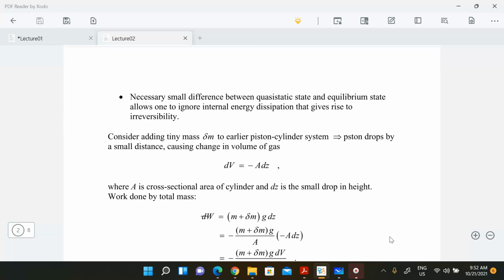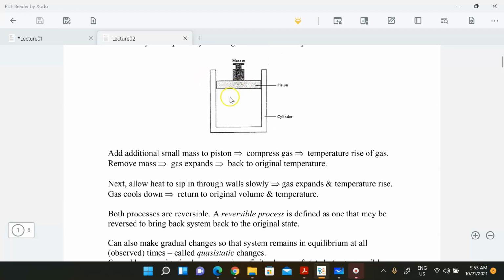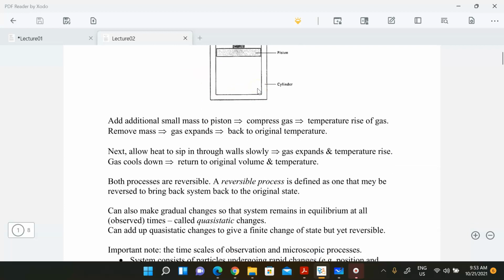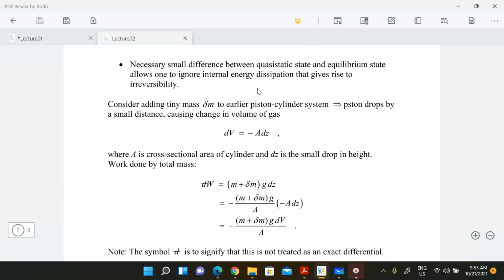Right. Let's consider the piston cylinder, another spelling mistake here. You add this tiny delta m, and from the previous picture, this thing will drop down in height. Let's do this a little more quantitatively.